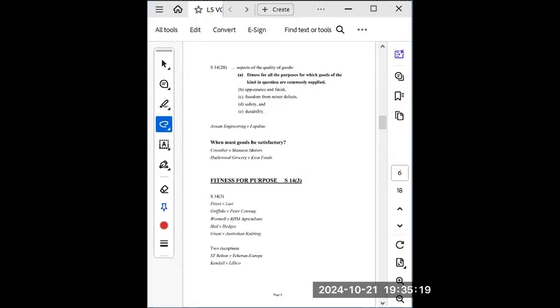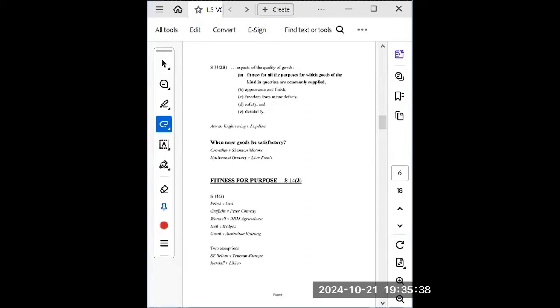Now, I think all we can say is that although 14.2(b) says goods must be fit for all purposes, the definition of satisfactory quality is in 14.2(a).